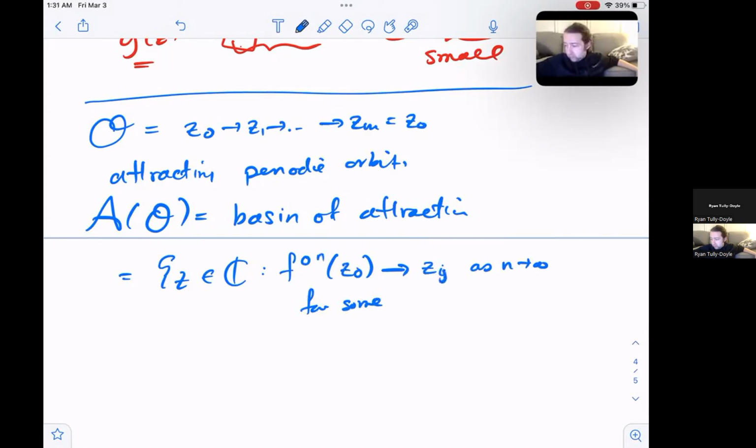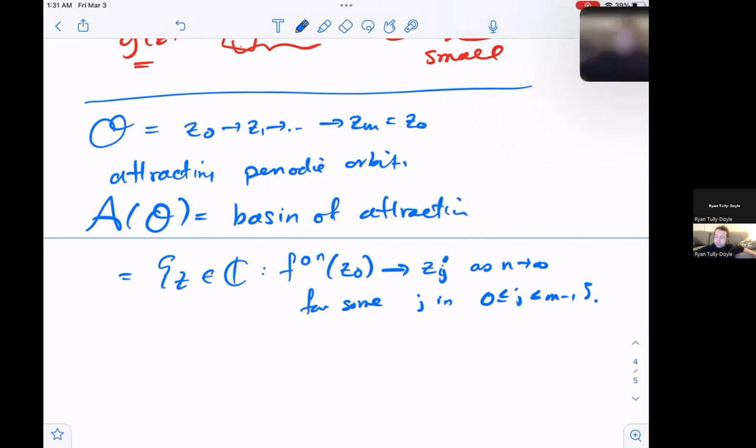It's supposed to be a j; instead I wrote i. For some j in the set of points 0 less than or equal to j less than or equal to m minus 1. So the content of this definition is the basin of attraction is the set of all of the points in C that end up pulled into some point in the orbit.